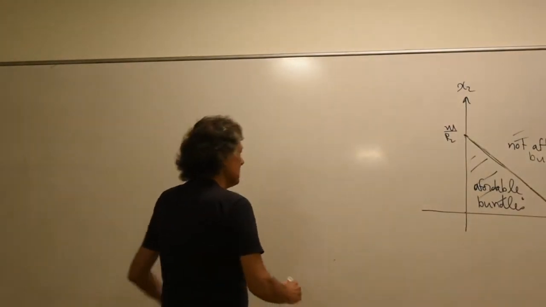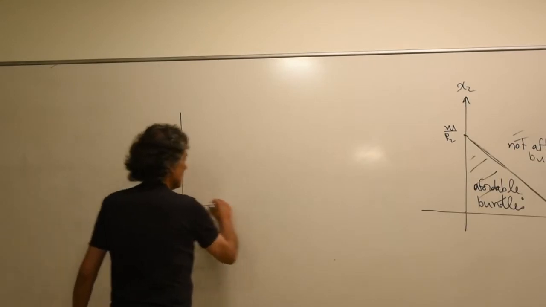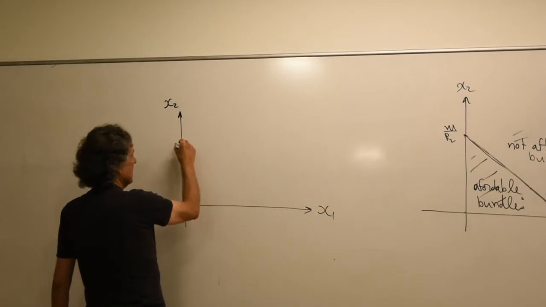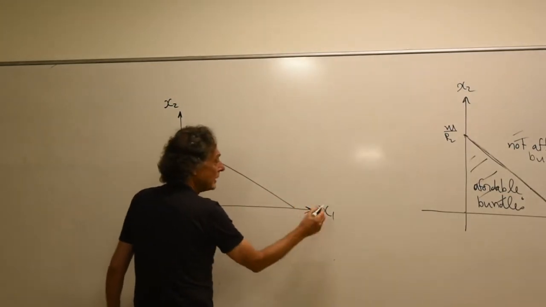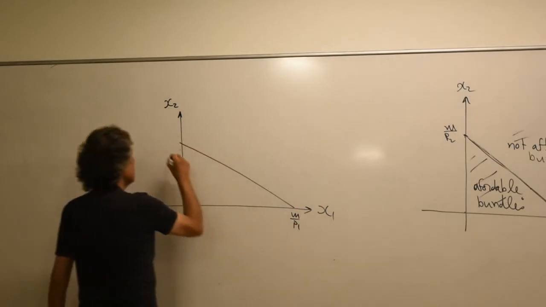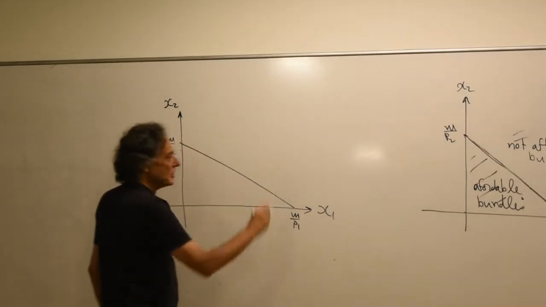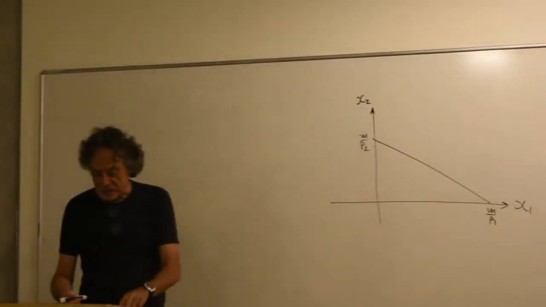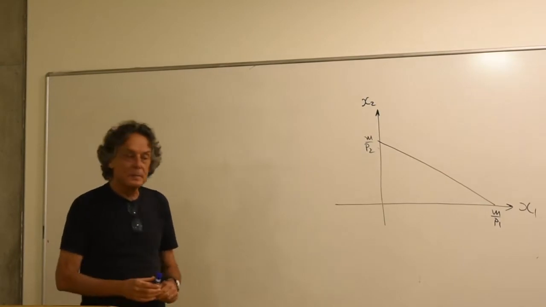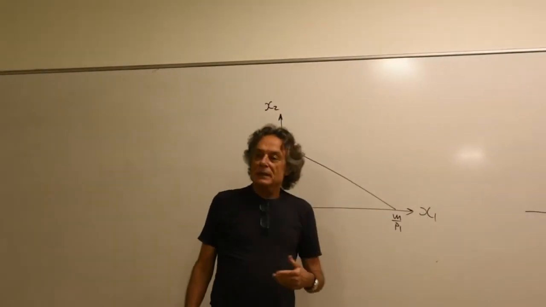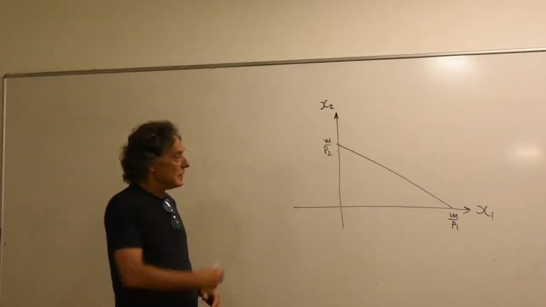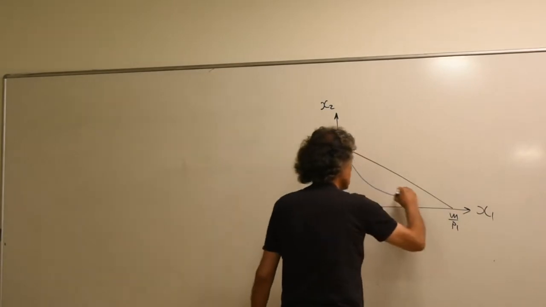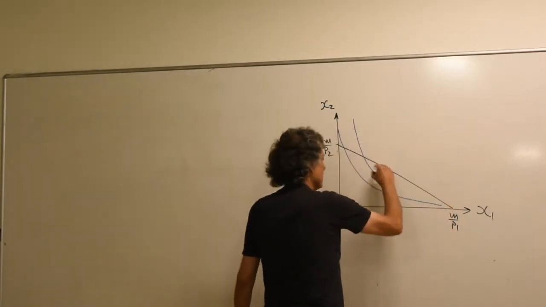So now let me do the same thing here. X1, X2. Here is the bundle. Again, I'll call it M over P1, M over P2. The budget is the same budget. And now let us put in indifference curves. So let's assume that our consumer has typical convex indifference curves, and let's say this is one of them, and this is another one.